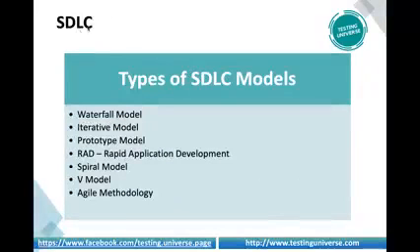So in this software development life cycle, we have different models. Models are nothing but different approaches, right? For a small software, what needs to be the approach? For a big software, what needs to be the approach? Or for an enterprise software, what needs to be the approach? There are different approaches or models which are very standard and commonly used in the industry.